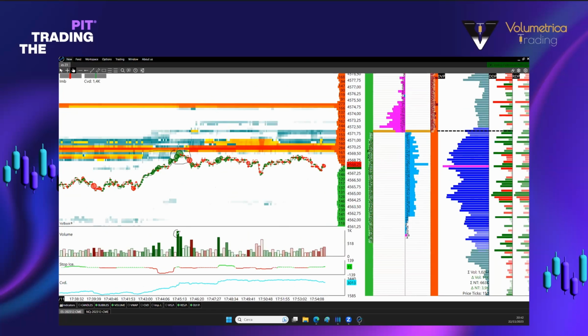Big bubbles, peak in volume, peak in delta. And here, exhausted. That's an exhausted pullback right here. Flat CVD, flat volume indicator, light colors and small bubbles.